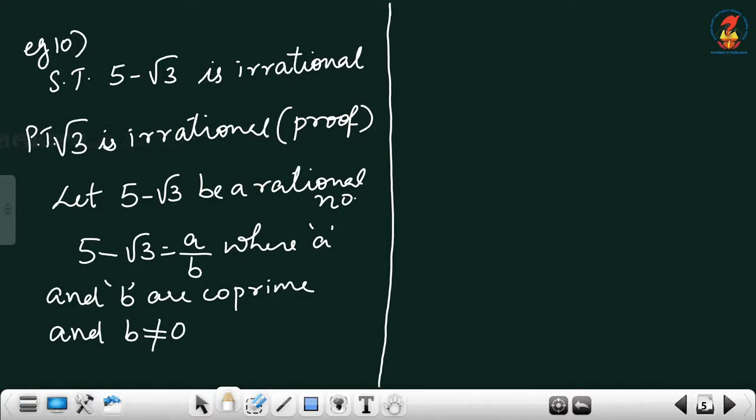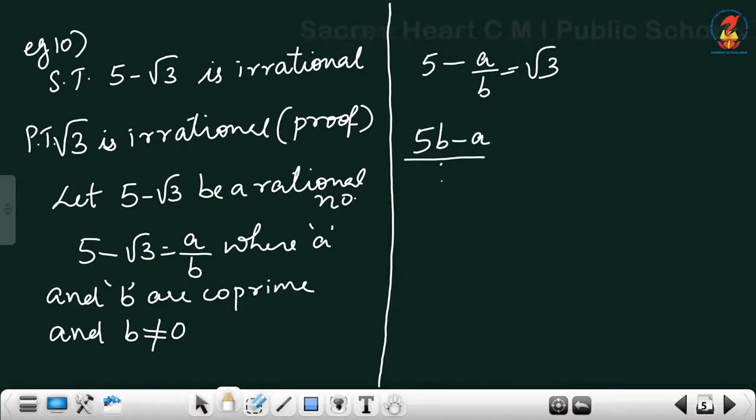So we can write this as 5 minus a by b is equal to root 3. I have taken this a by b to the left, so 5 minus a by b, and root 3 to the other side. Taking the LCM, we can write (5b minus a) divided by b is equal to root 3.